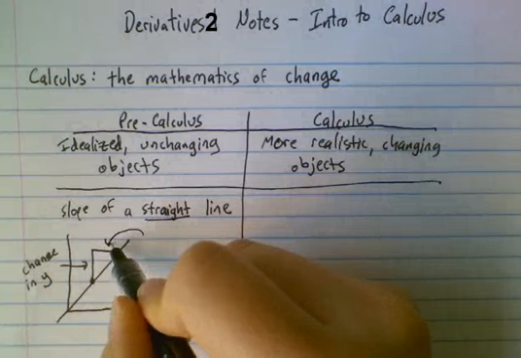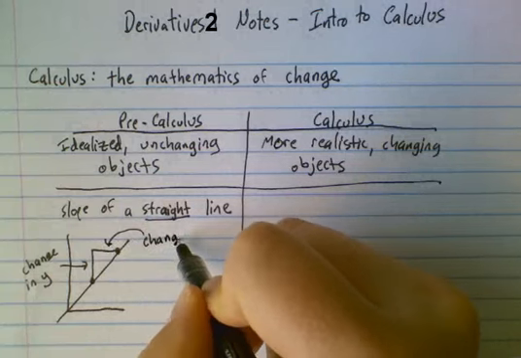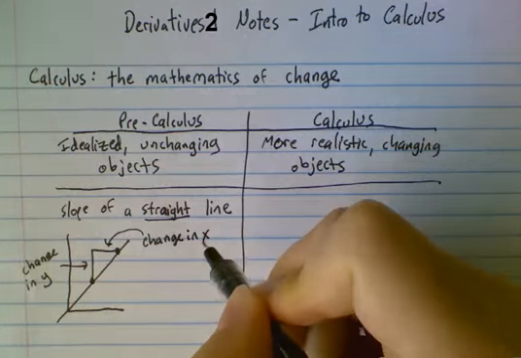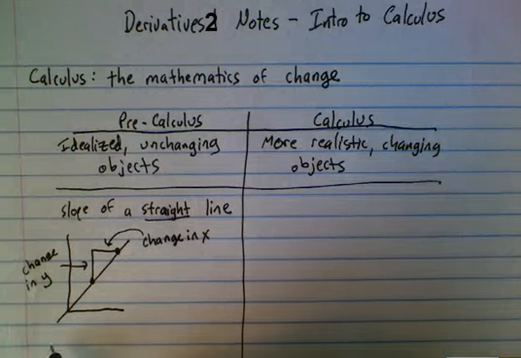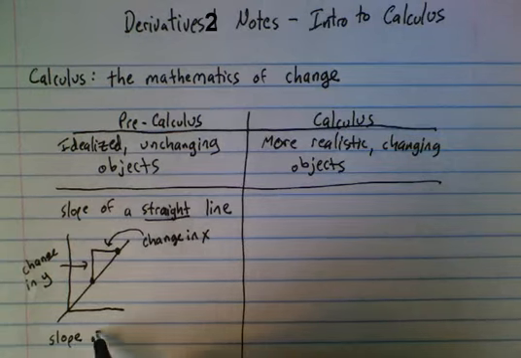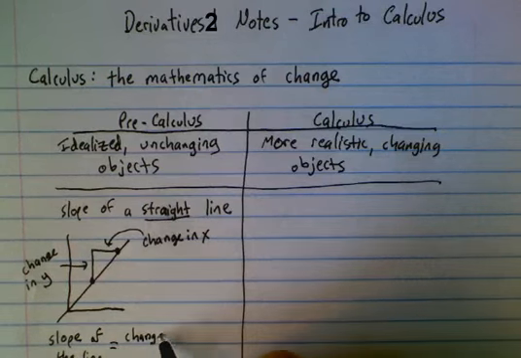This distance we call the change in x. And then we know that the slope of the line is change in y over change in x.